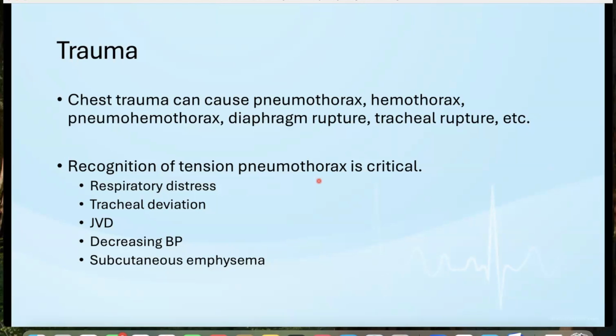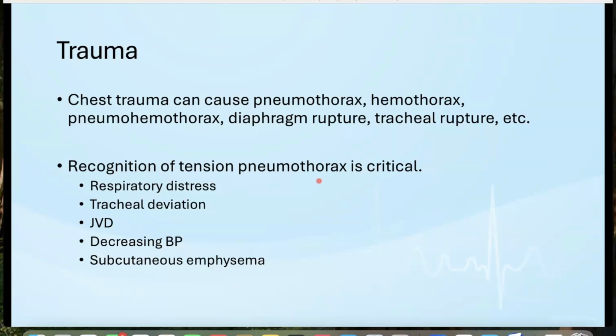In really bad cases, sometimes patients will develop a tracheal rupture, or they'll shear off one of their main stem bronchi, causing massive pneumothorax. It's very important that we recognize a tension pneumothorax as it's occurring. These patients will have progressive and sometimes very rapid respiratory distress.